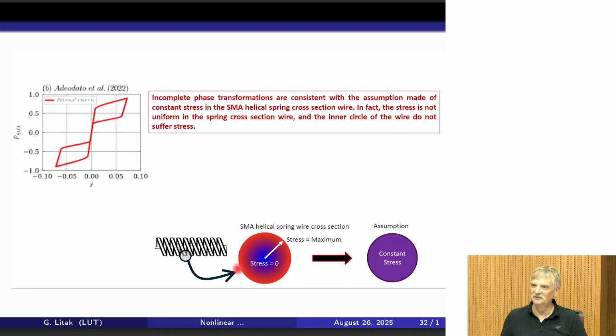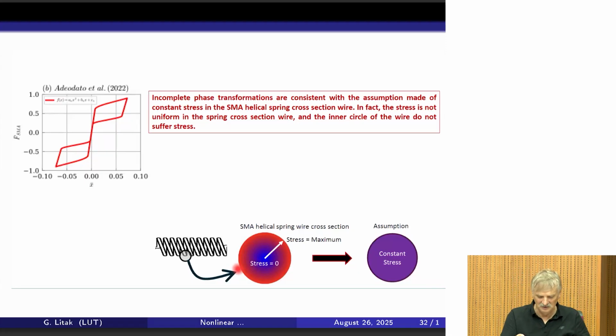But it is a slow process: if you are changing the temperature, it takes time. So temperature is another effect. We also have some small change of the temperature in our system.